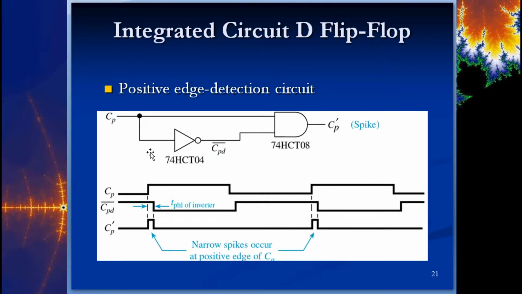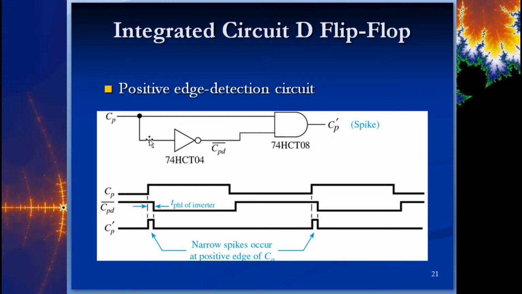So this is what essentially gets put inside there if the chip has an internal edge detection circuit. This is exploiting what we talked about in the first part of chapter 9, where we talked about the period of time that it takes for something to go from high to low or from low to high. What's the propagation delay? If you have C feeding into this gate, it has an immediate effect on this input here.